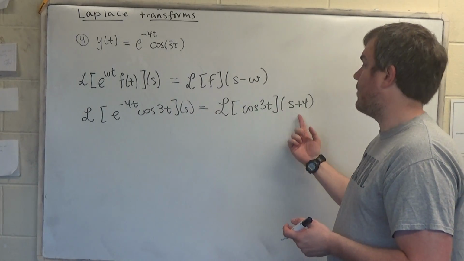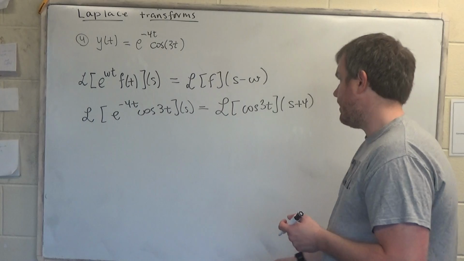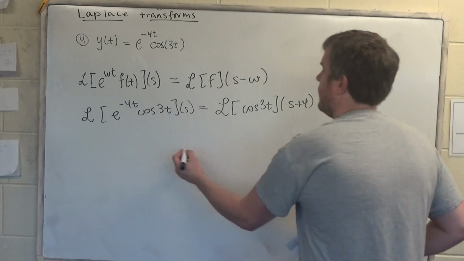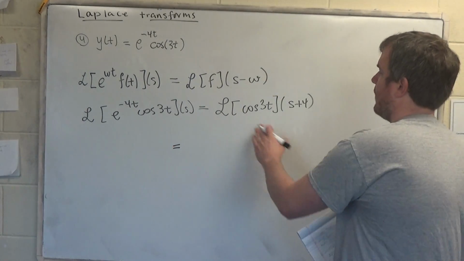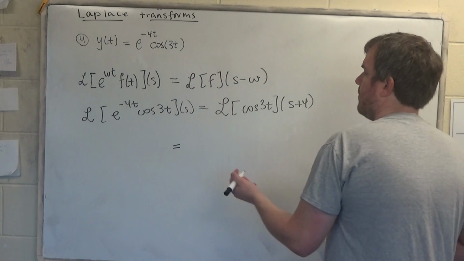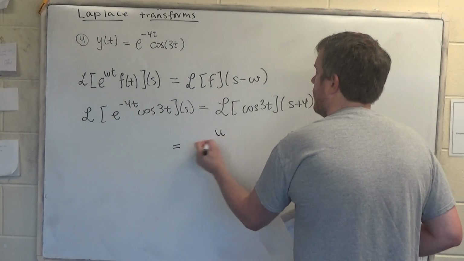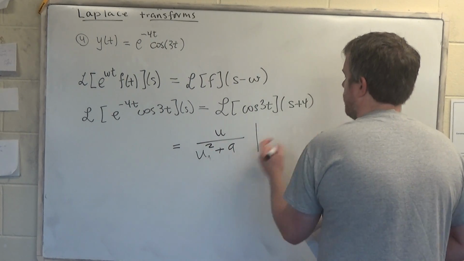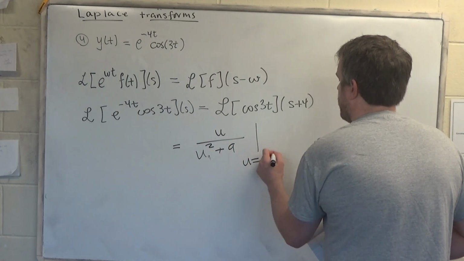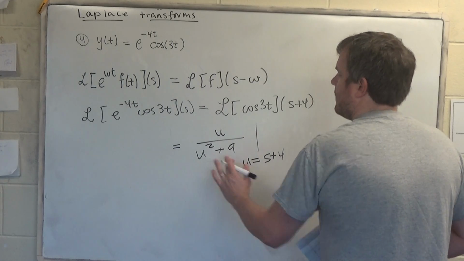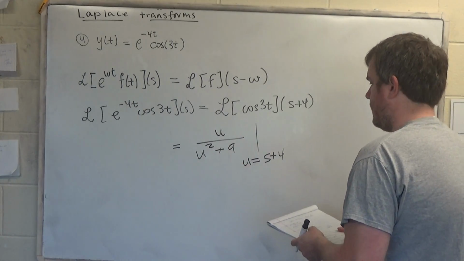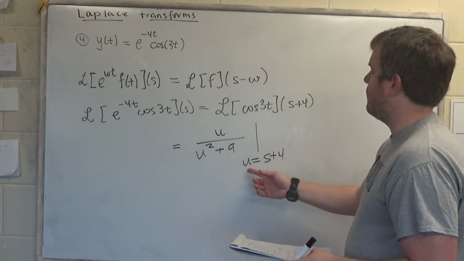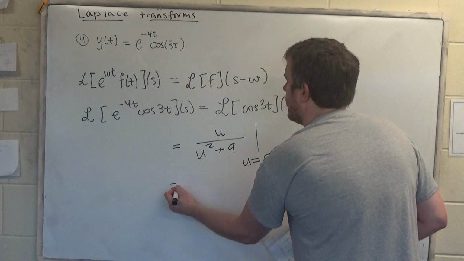It's evaluation at the quantity s plus 4. So as we go through, the Laplace transform of the cosine of 3t, I'm going to write this using u's. It's u over u squared plus 9, and I'm going to evaluate at u equals s plus 4. Okay, so now all I have to do is plug in u equals s plus 4 and I'll be done.